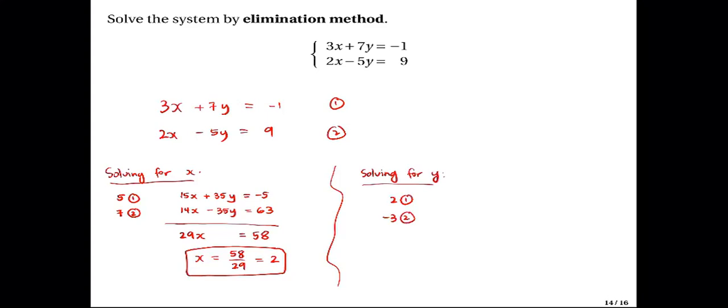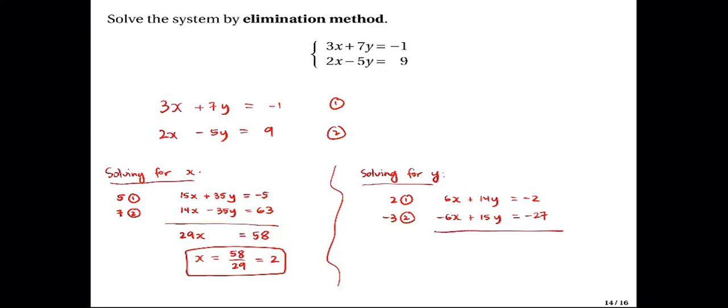For the first equation, we'll have 6x plus 14y. This is equal to negative 2. For the second equation, we'll have negative 6x plus 15y equals negative 27.